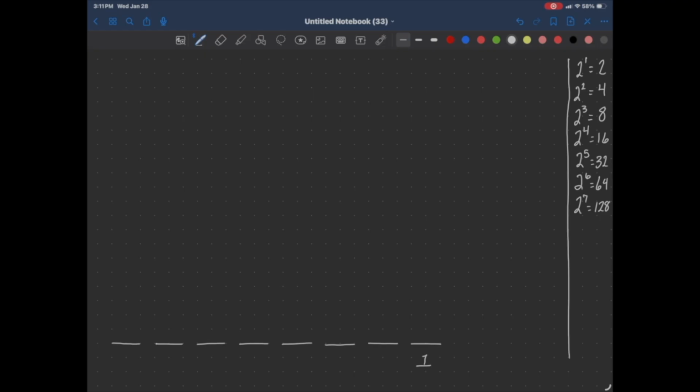When I start assigning place values here, I begin with 1 on the far right-hand side. This is technically 2 to the power of 0, but for our chart purposes, there's no need to write down 2 to the power of 0. As we move to the left, we simply keep doubling the values again.